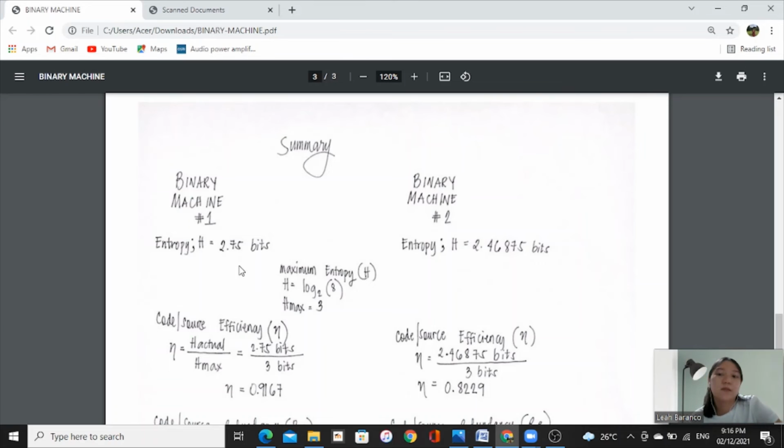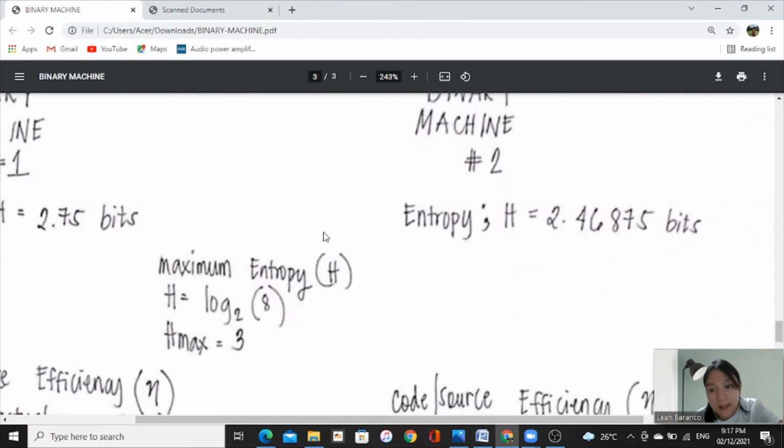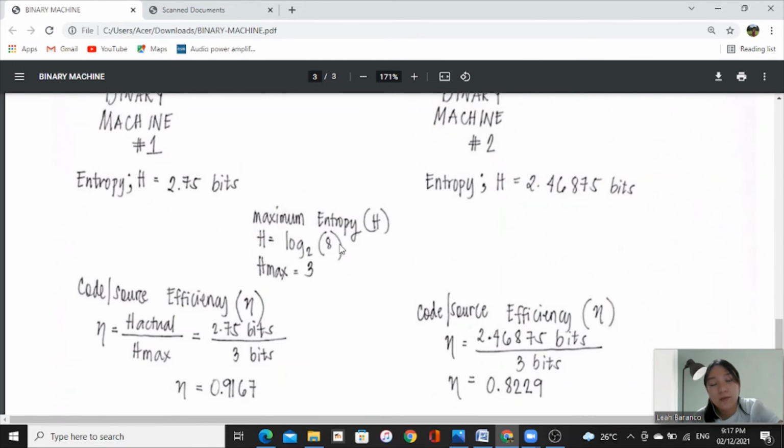And for the summary, in binary machine 1, the entropy is 2.75 bits. And in binary machine 2, the entropy is 2.46875 bits. The maximum entropy is measured by the formula eta equals log base 2 of the total number of probabilities.